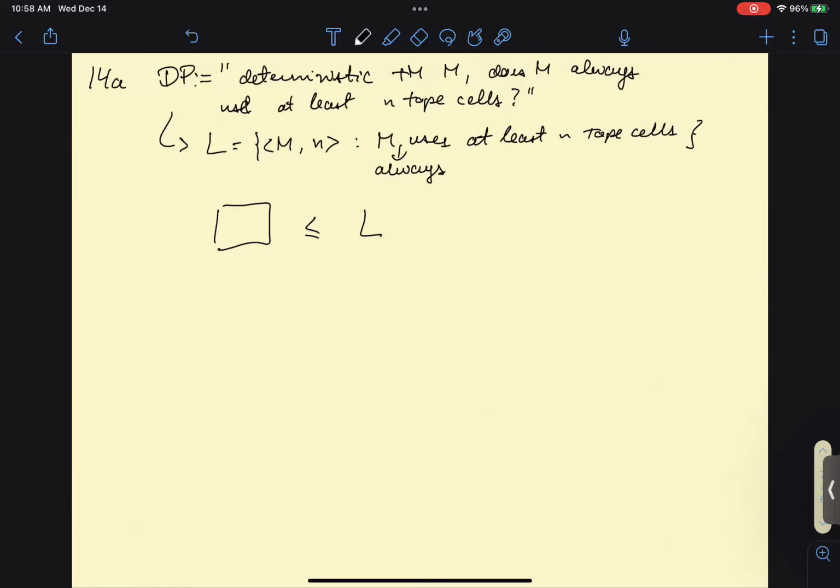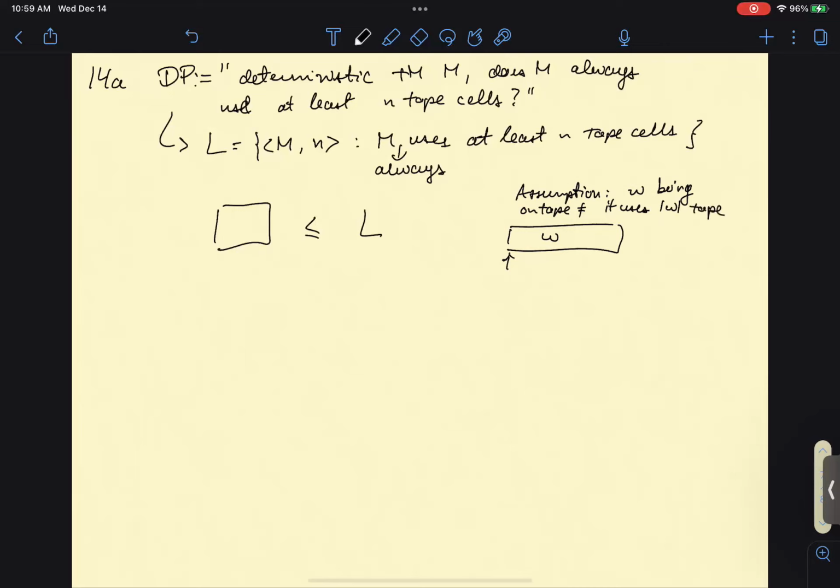What I'm assuming here is that the string is on the tape, but that doesn't count as using it. So the assumption here is that W being on the tape does not mean that it uses this many tape cells. That's my assumption.